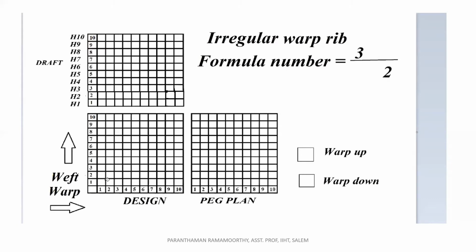So 3 up, 2 down. Take the first end, mark 3 up, 2 down. Then mark the second end, 3 down and 2 up for plain view arrangement. This is the basic design. Further are repeating units of this design.